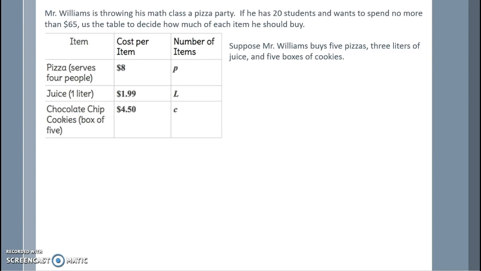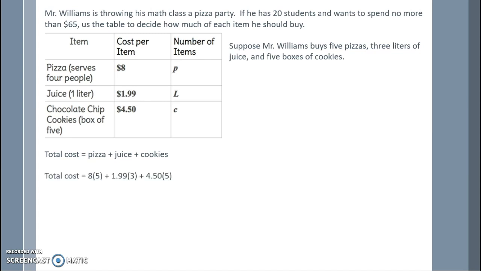Let's suppose that Mr. Williams buys 5 pizzas because the pizza serves 4 people. 5 pizzas times 4 people is 20 students, which is how many we have. 3 liters of juice and 5 boxes of cookies. The total cost then would be the cost of pizza plus the cost of juice plus the cookies.